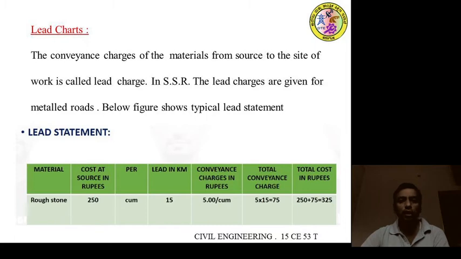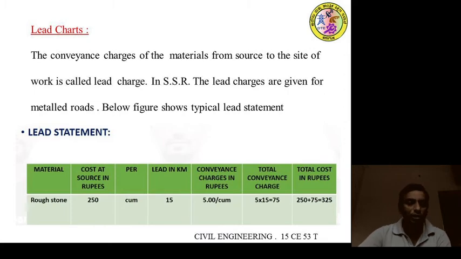In SSR, the lead charges are given for metal road. The below figure shows a typical lead statement. Okay, this is the typical lead statement. It shows the material cost at source in rupees, the unit in cubic meter, lead in kilometer, conveyance charges in rupees, total conveyance charges and total cost in rupees.